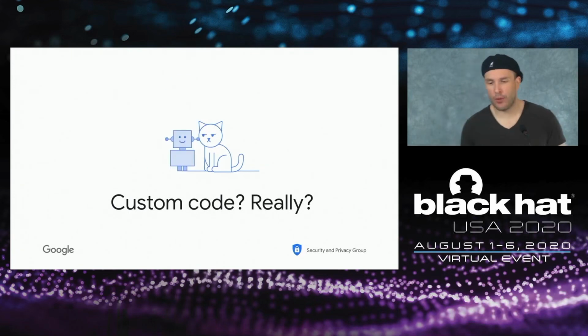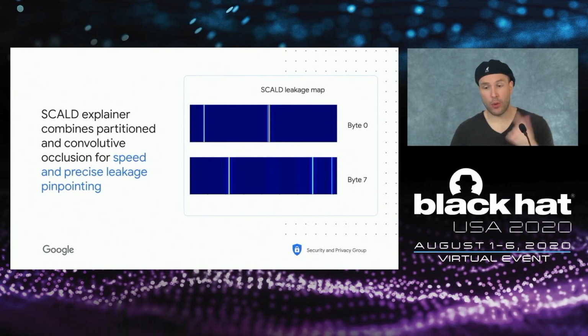So we were hoping to go back to the roots of the idea and use one of the oldest techniques, but revisit it to make it a little bit more precise, which is using occlusion. Occlusion basically means you are removing part of the trace and scanning it that way. The problem is that it doesn't take into account nonlinearity.